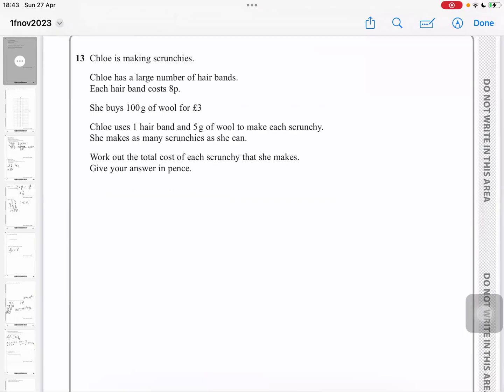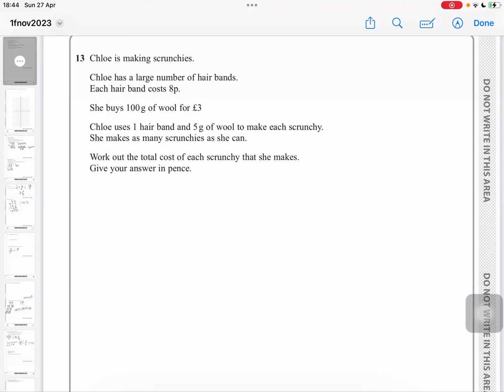Okay, Chloe is making scrunchies. It says Chloe has a large number of hair bands. Each hairband costs 8 pence. She buys 100 grams of wool for £3.